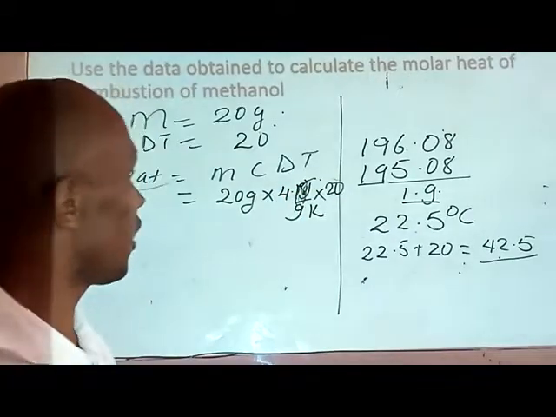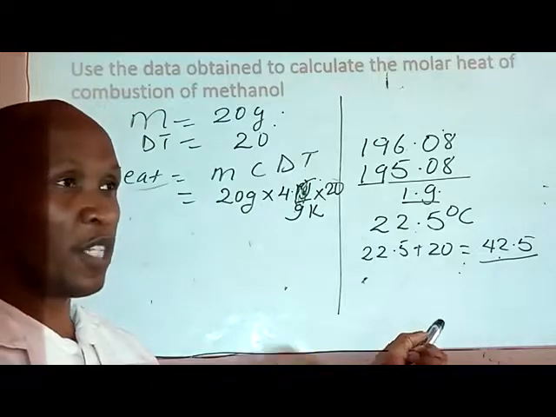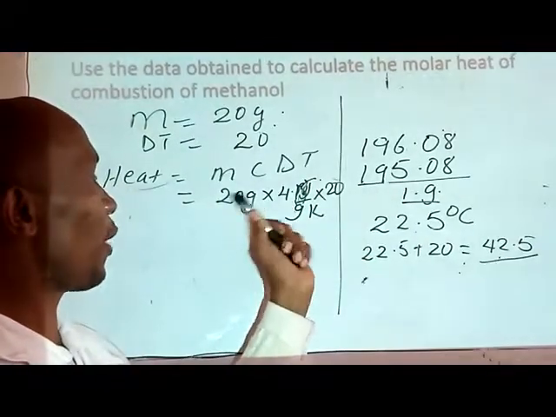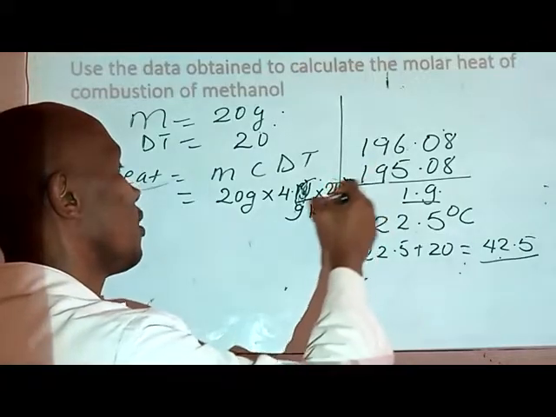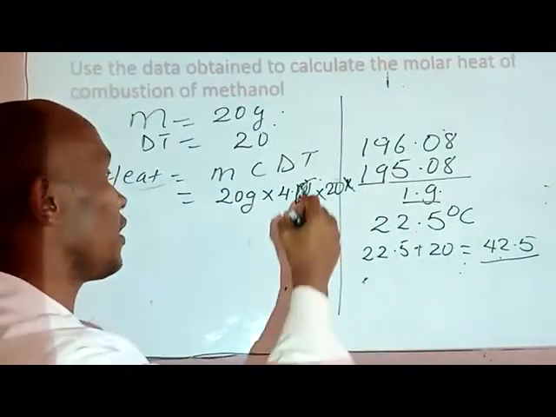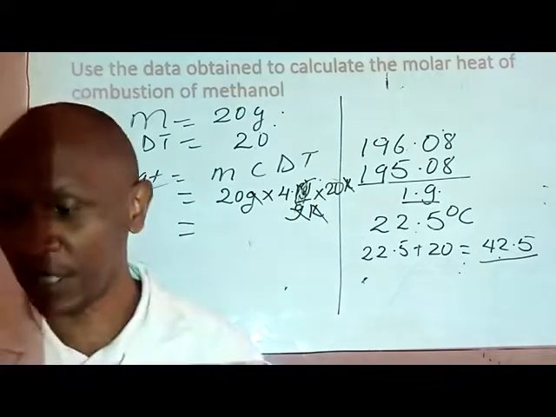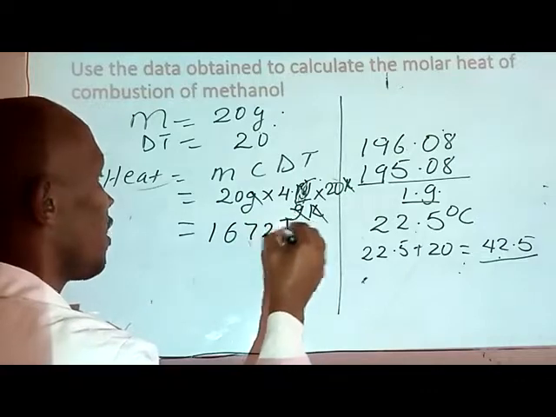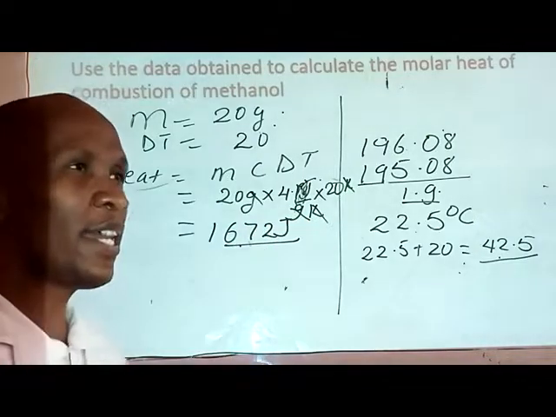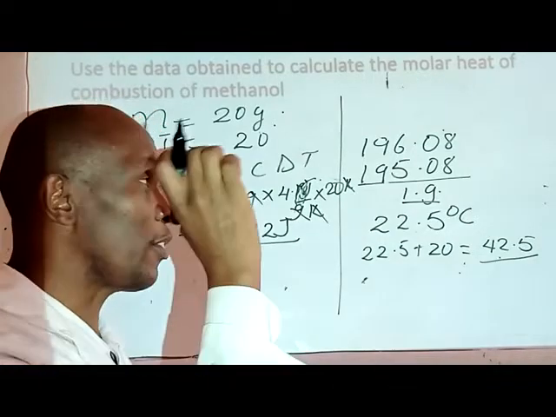So 20 grams, the mass of whatever surrounds the thermometer, 4.18, the specific heat capacity, times 20. The Kelvin cancels, the gram and gram cancels, so I can get the amount of heat. There is 1672 joules.